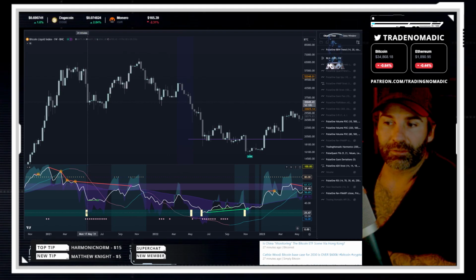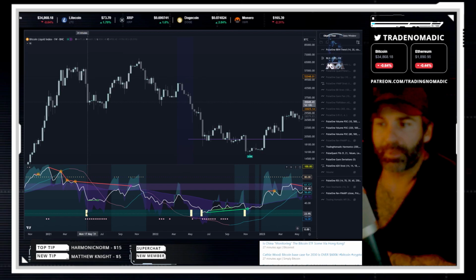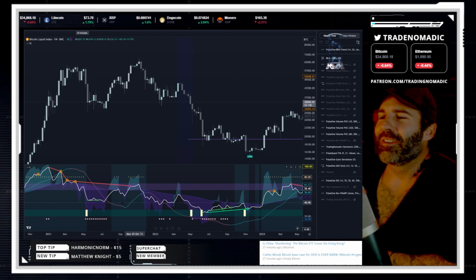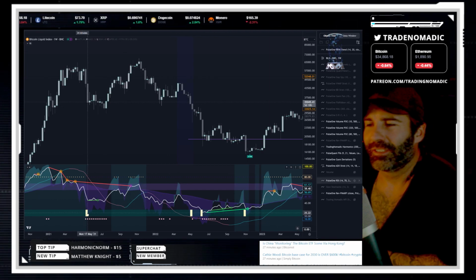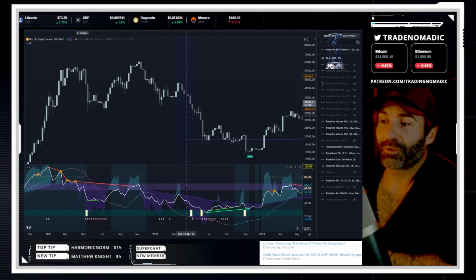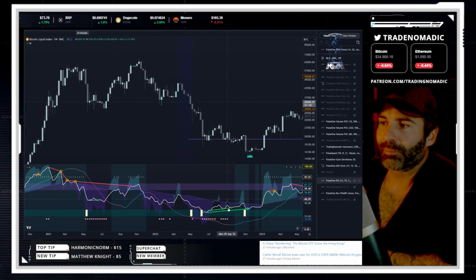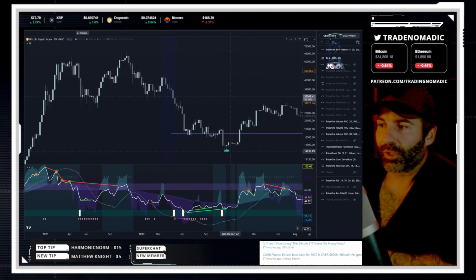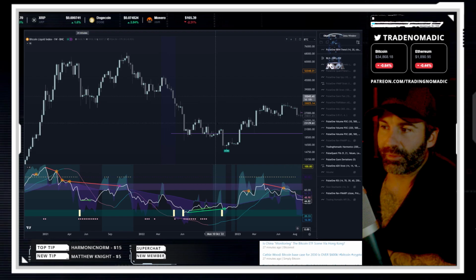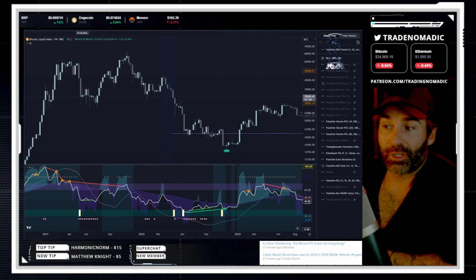When you see the little yellow square, that's a lot of volume. That's a capitulative volume signal. That means the bottom or the top is in, or taking place, or is on the way to taking place. It's all about the context. But if you look at the bottom here, you've got your capitulation volume when FTX collapsed, and that was your low.